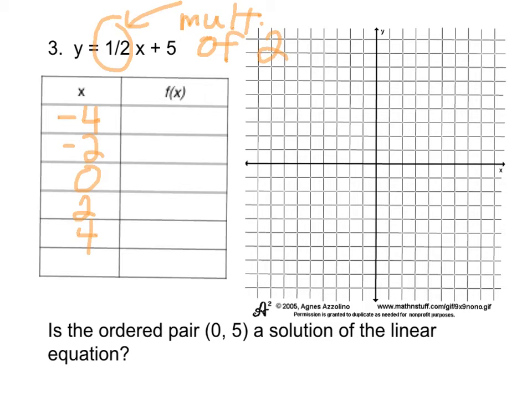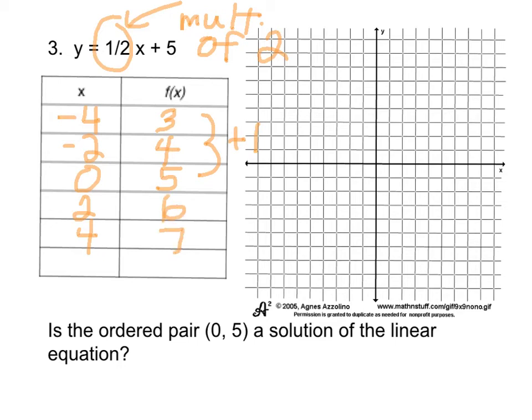I have 1/2 times -4, which is -2, plus 5 is 3. I have 1/2 times -2, which is -1, plus 5 is 4. 1/2 times 0 is 0, plus 5 is 5, and you can see the pattern is going up by 1. So this must be 6 and 7.